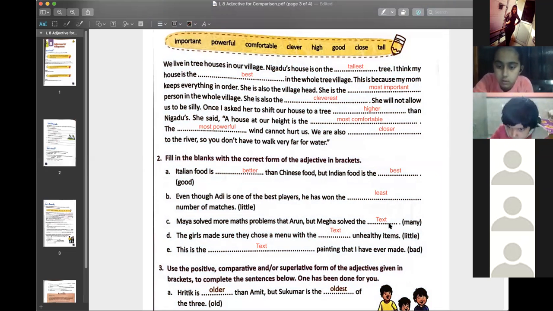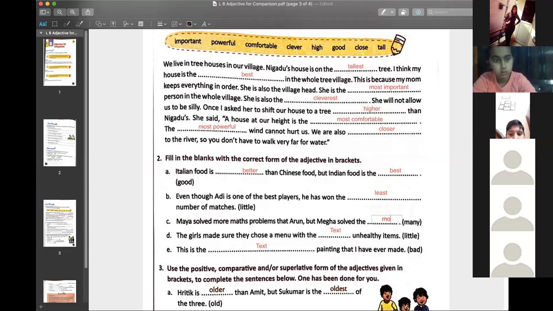Maya solved more maths problems than Arun, but Megha solved the dash. Pratham, more. Most. Children, superlative. The is coming. The girls made sure they choose a menu with the dash unhealthy items.